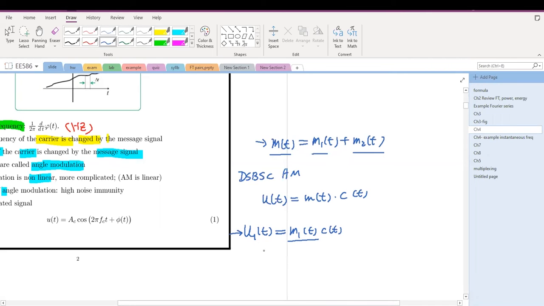Suppose we use the same carrier, u2(t) equals m2(t) c(t).